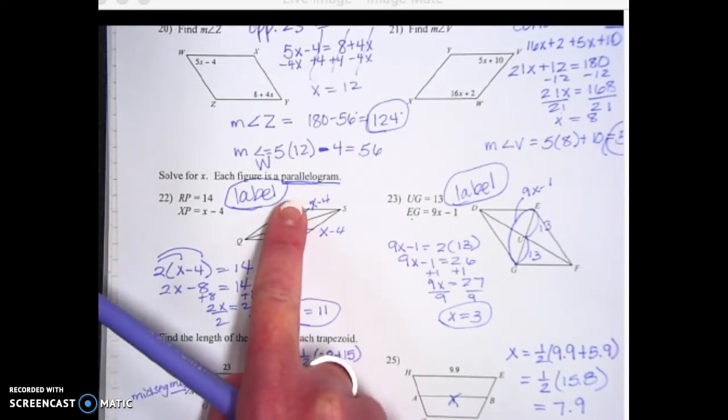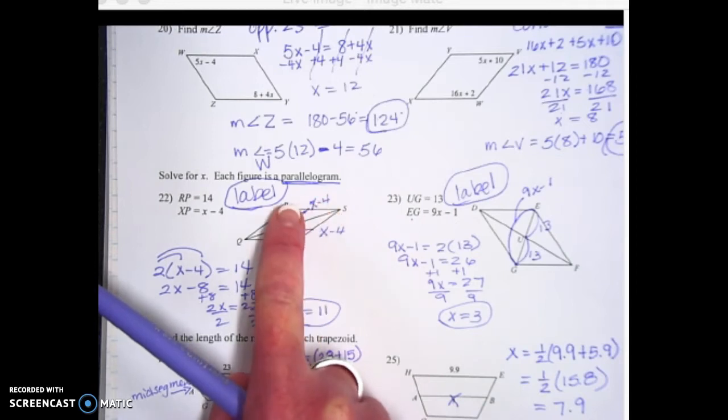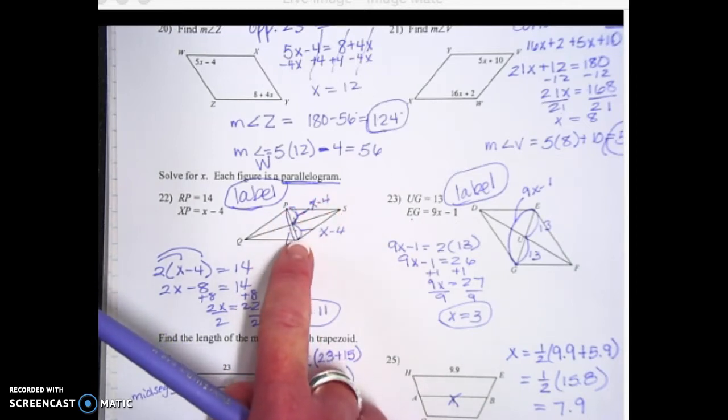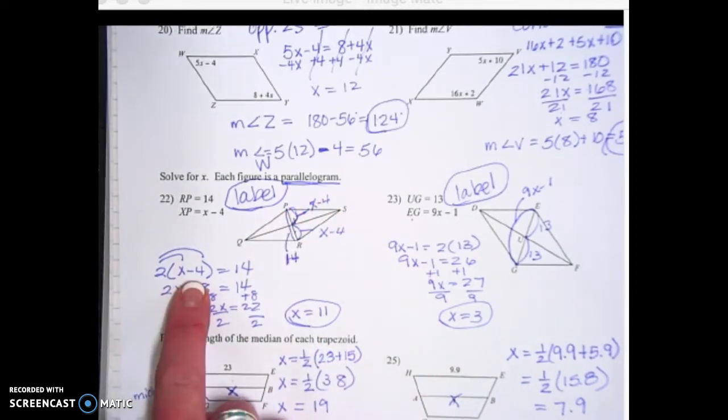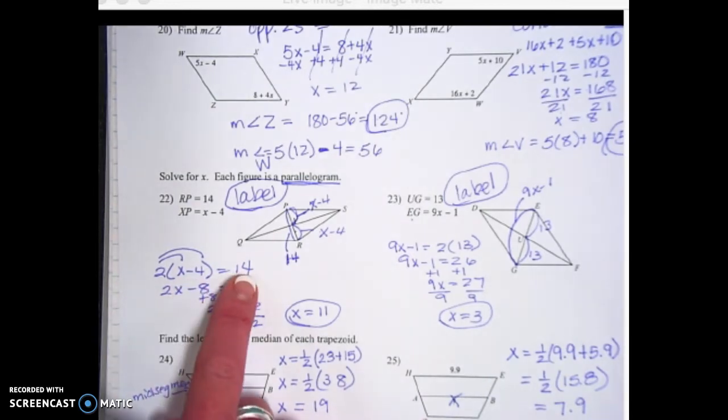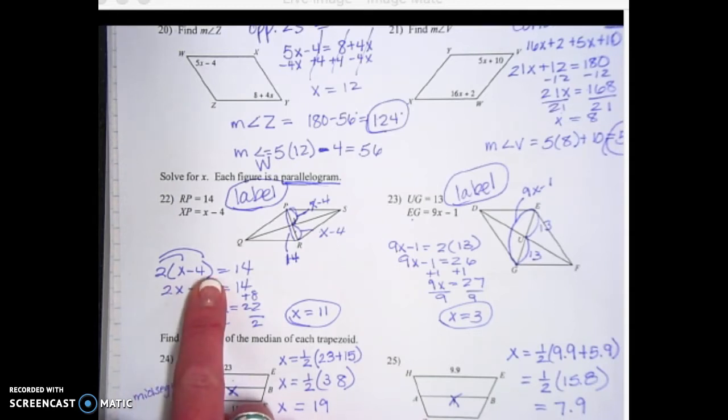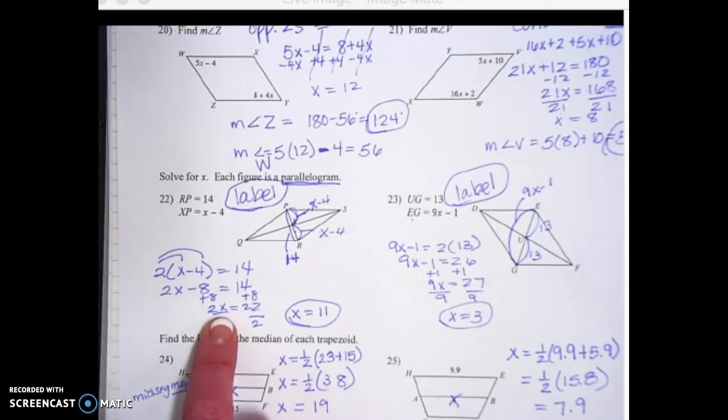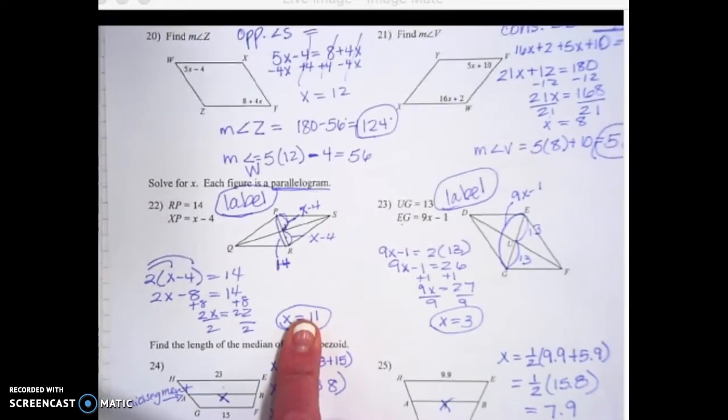XP, half of it, is x minus 4. So if this piece is x minus 4, this is also x minus 4. So I need 2 of the x minus 4s, set it equal to the whole thing, 14. I distribute it over here, and then solve for my variable by adding 8 to both sides, dividing both sides by 2, so x should be equal to 11.